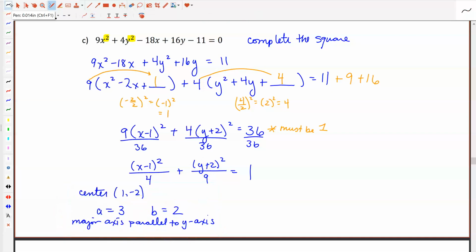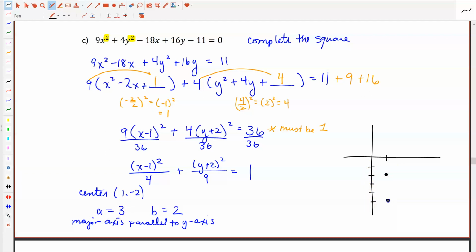So let's come over here and graph what we have so far. At 1, -2, there's my center. So I'm going to need to go down 3. So 1, 2, 3.